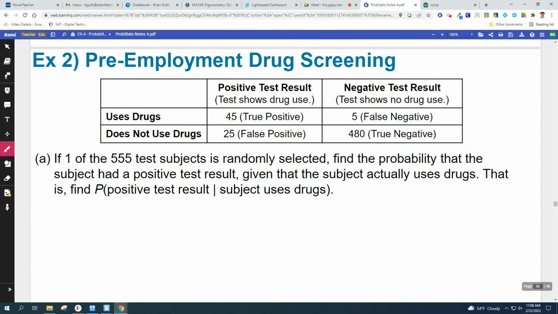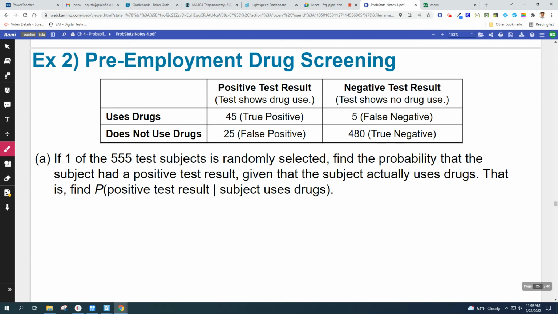A true negative means they don't use drugs and it showed negative. So true means it's a good test result. False means it's a bad test result. If one of the 555 test subjects is randomly selected, find the probability that the subject had a positive test result given that the subject actually uses drugs. That is, find the probability of a positive test result given that the subject uses drugs.